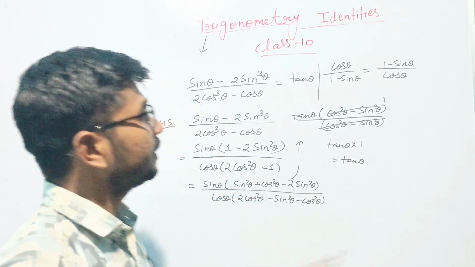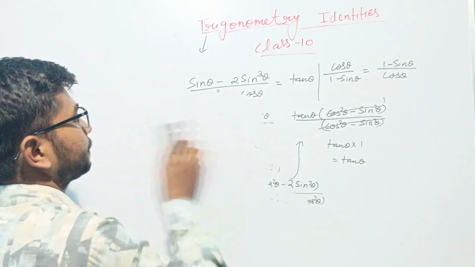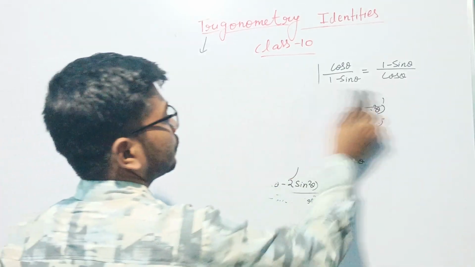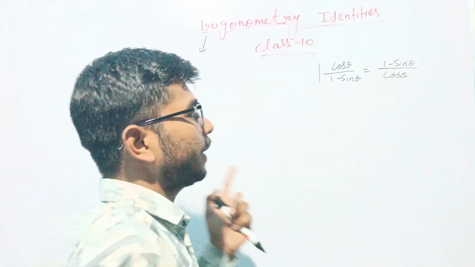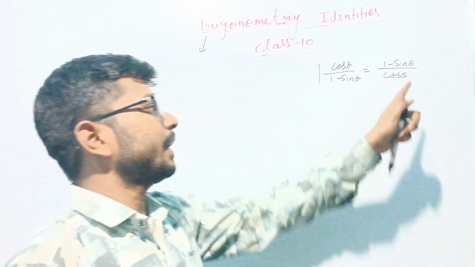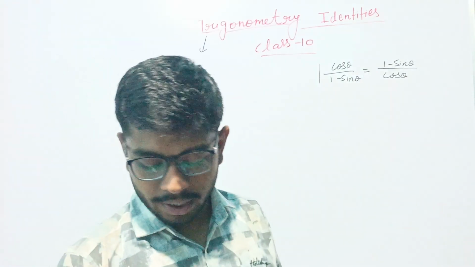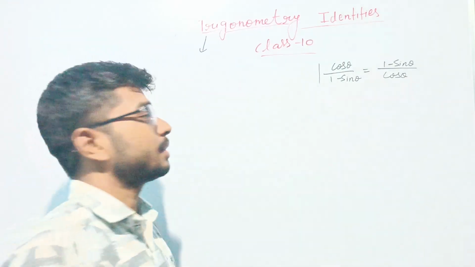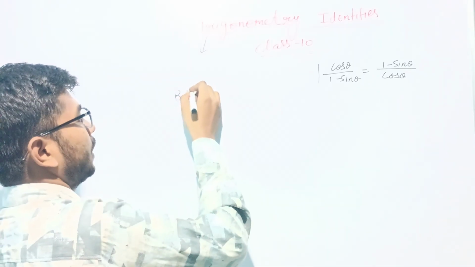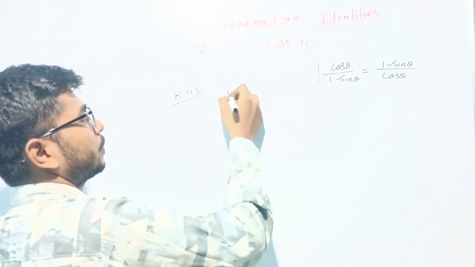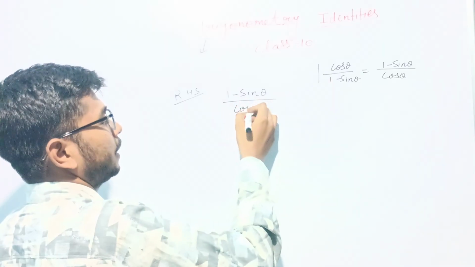Okay, so I will erase this and let's solve this question. We have solved many questions taking LHS, so I will take RHS now. So 1 minus sin theta upon cos theta.